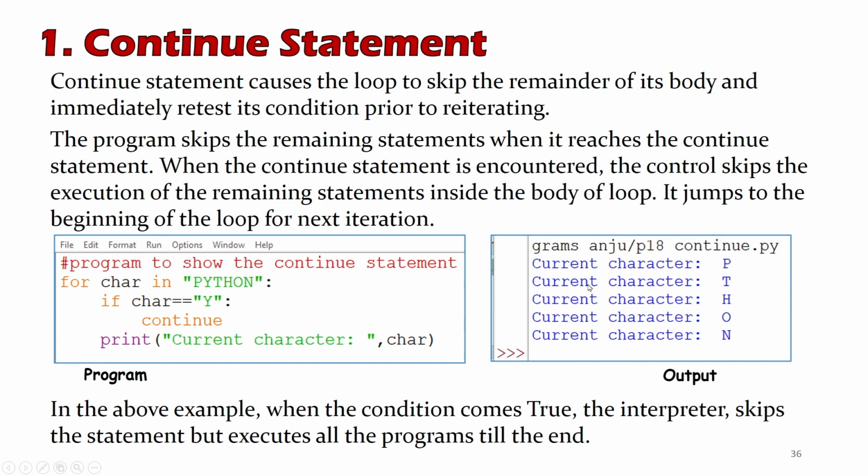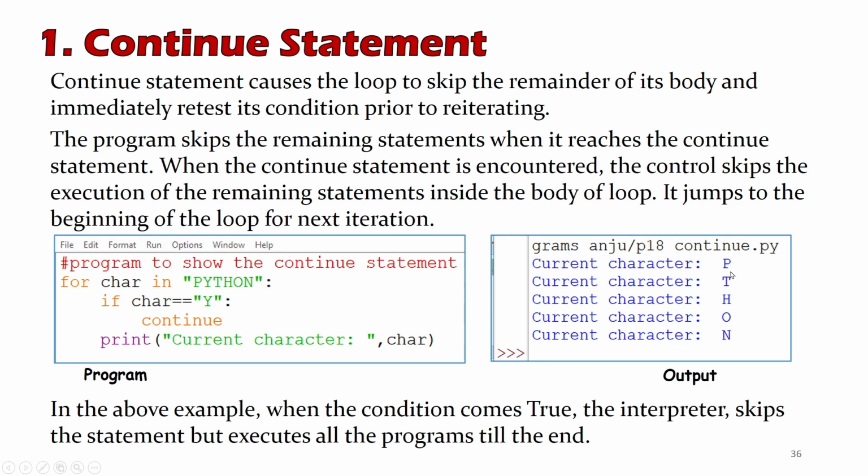So let's see the output. Current character is p. In the first iteration, it will print the p. Then when it reaches y, it is saying to continue. And it again moves to the for loop. It comes out of this if block and it moves to the for. Now again the next value t will move to char and it will print the current character.